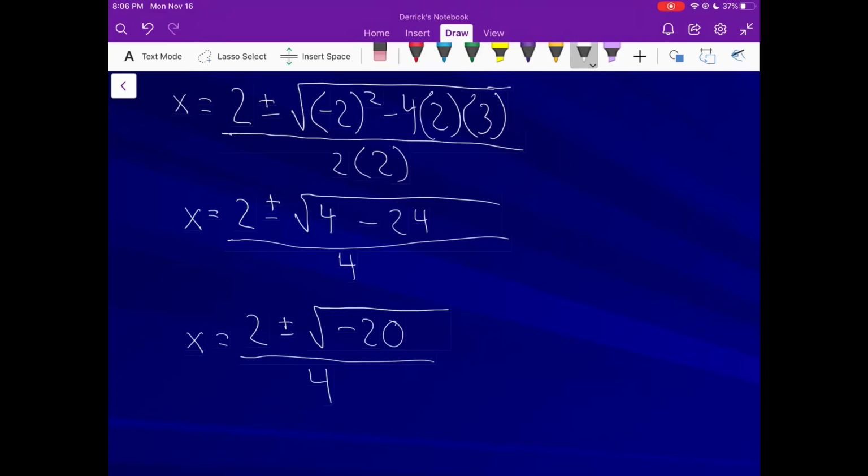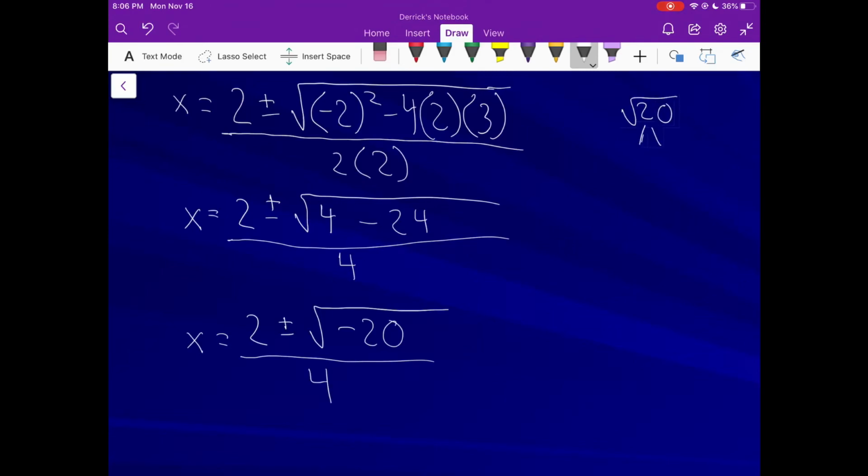Well, I noticed two things here. First off, I noticed that I'm square rooting a negative, so now, using our knowledge from past sections, we know we're going to be introducing i to this problem. Along with that, I also notice that I have the square root of 20, and 20 is not a number that square roots perfectly. So I am going to need to simplify this, and the way we know to do that would be to use our factor tree. So if we think about the square root of 20, you can choose whatever two factors you want.